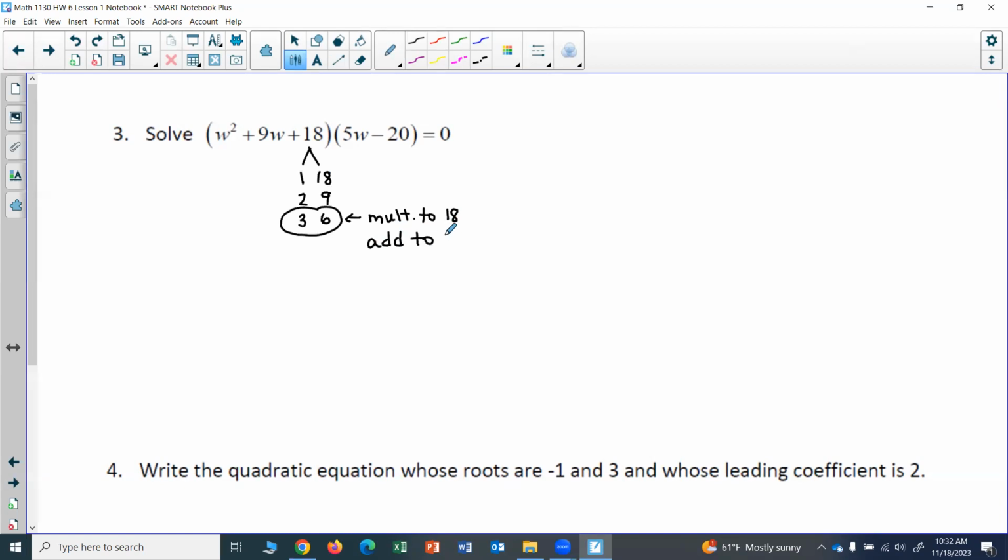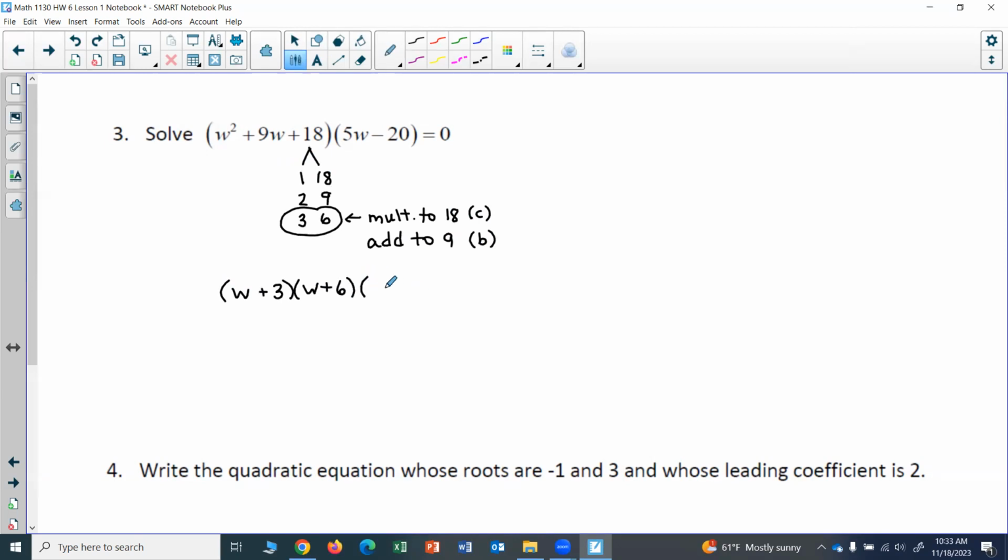So they add to be a 9. So they multiply to be C and they add to be B. Okay, so this will factor as w plus 3 times w plus 6.